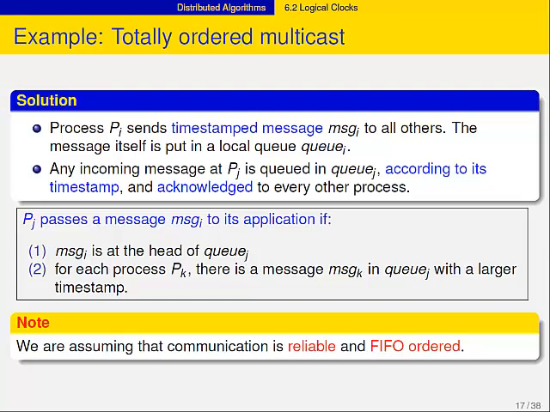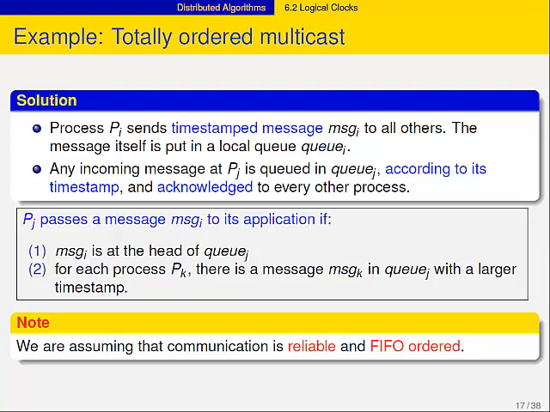Let's just start the system. So I send a request for doing an update. My message gets at the head of the queue. Okay? Now the problem is, I don't know if there is another process out there who's also requesting an update of the database, who's just timestamped its request with a lower timestamp than mine, which may happen.